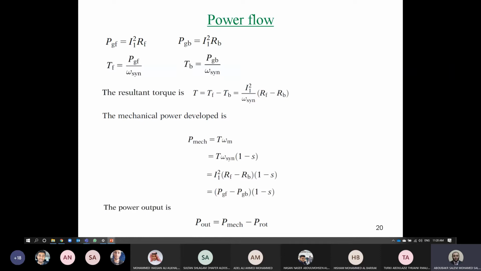So this is the concept of power transfer from stator to rotor. Now we have two fluxes, so it's expected also to classify the power into two parts. One part due to forward flux and another part due to backward flux.